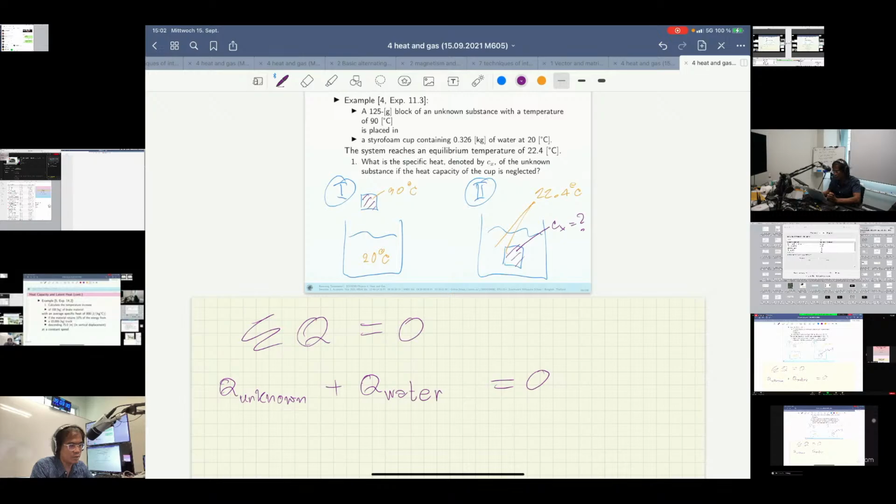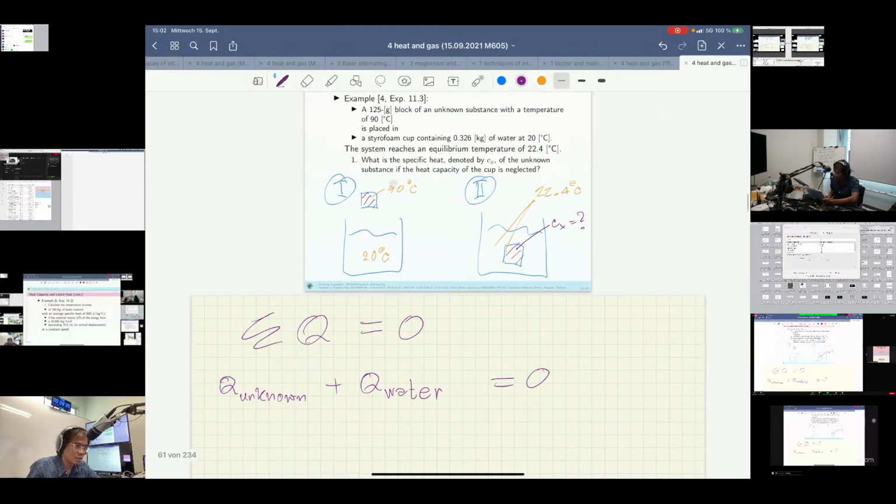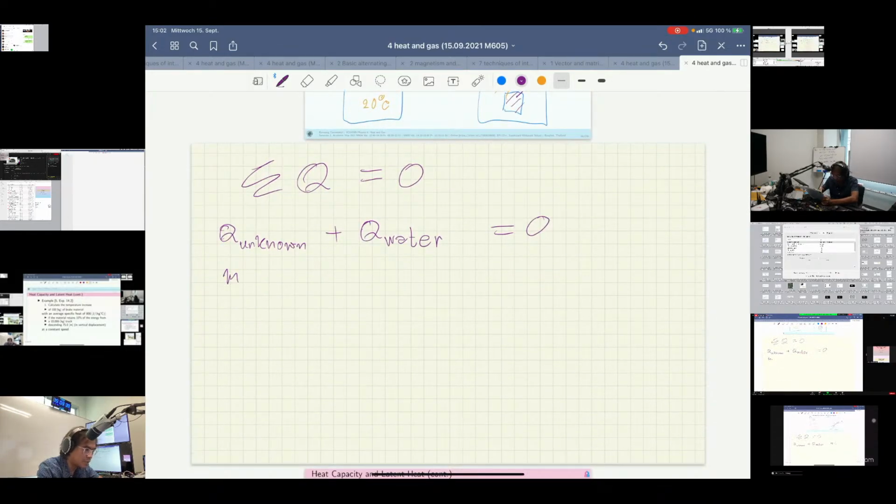Known will be the mass of the unknown object, m_x, and c_x is what we would like to know, and delta t_x, plus m_H2O, c_H2O, and delta t_H2O equals 0, right?